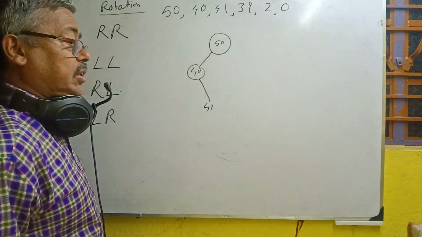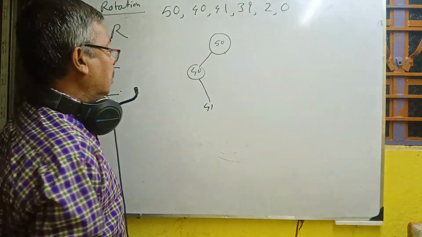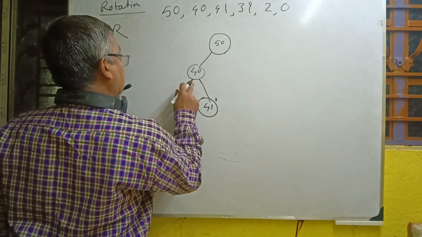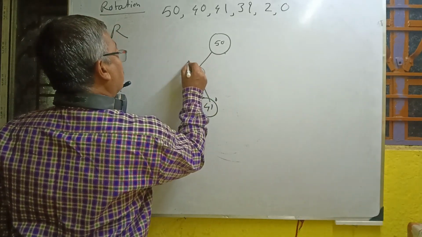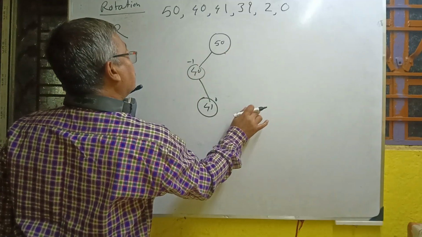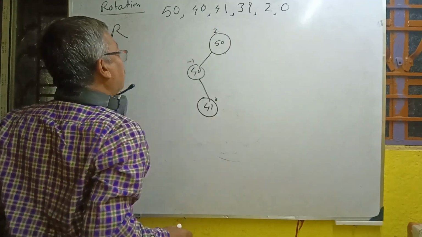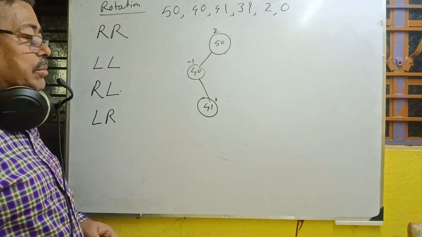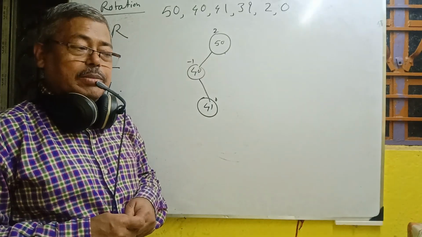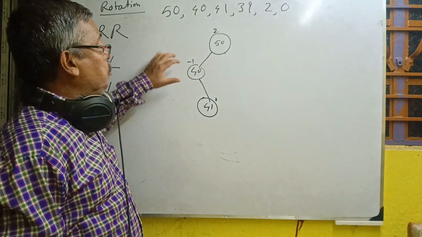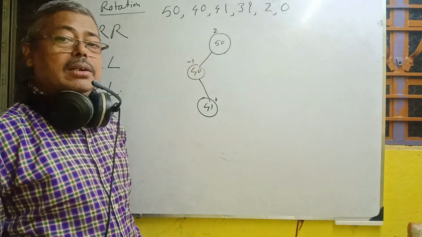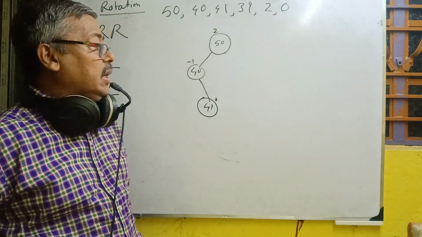Each and every insertion I have to check the balance factor. The balance factor of 41 is 0. The balance factor of 40, left minus right, is minus 1. The balance factor of 50 is 2 minus 0, 2. So at that point 50, it is not balanced as per an AVL tree. We have to remove this 2, and it should be between 1, minus 1, or 0.